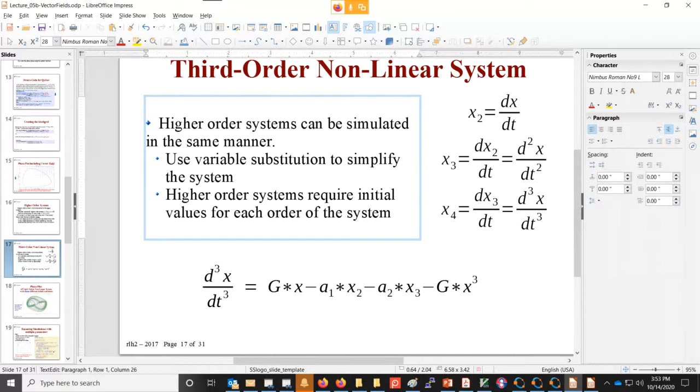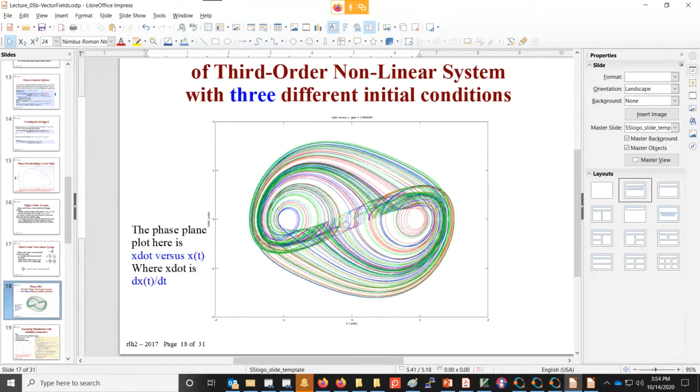We're going to try to simulate the weather, and it turns out that any nonlinear differential equation of order 3 can go into what they call a chaotic system. This is a plot here of a third order nonlinear system.